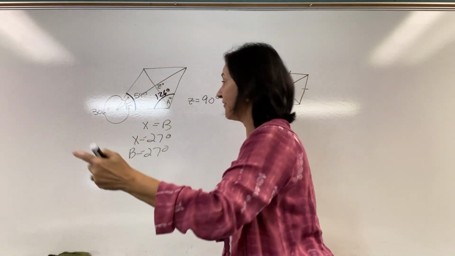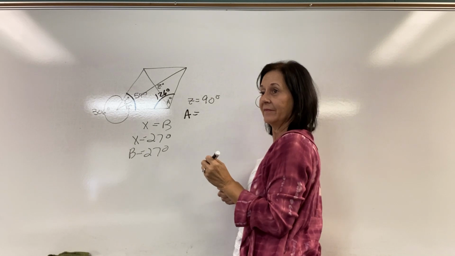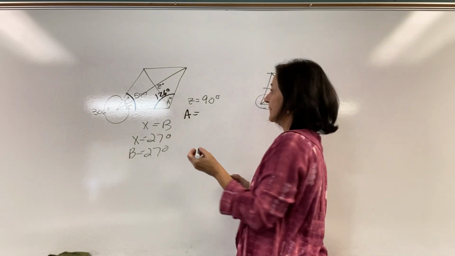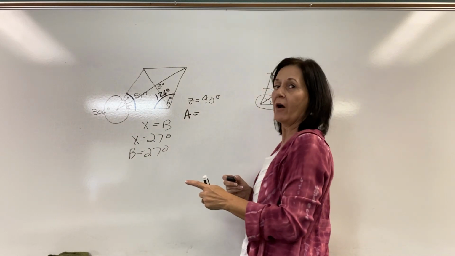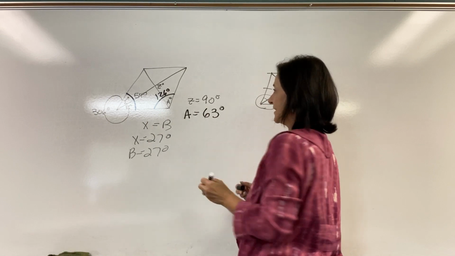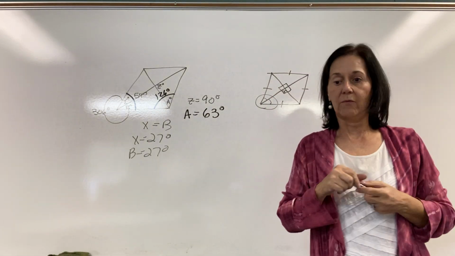A is going to be half of that. This feels just like an ACT problem. Half of 126 is 63. 63 degrees.